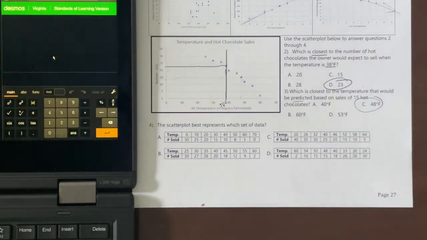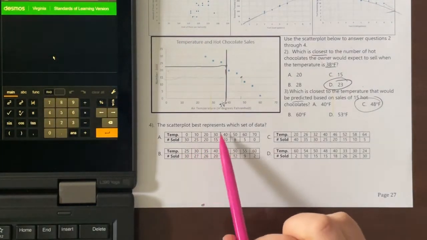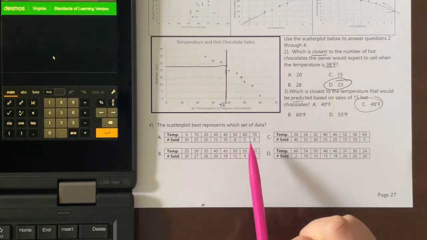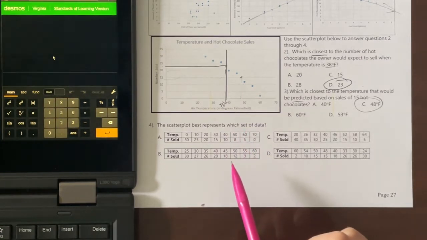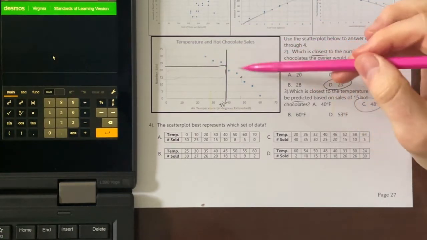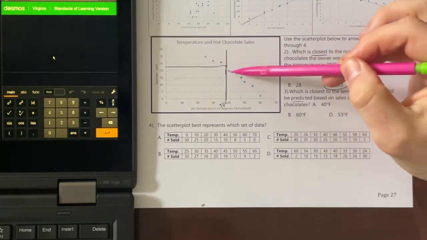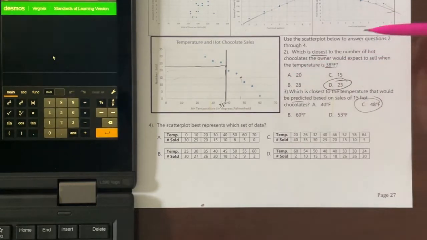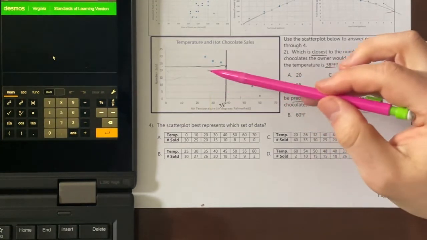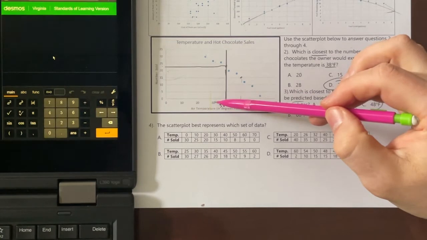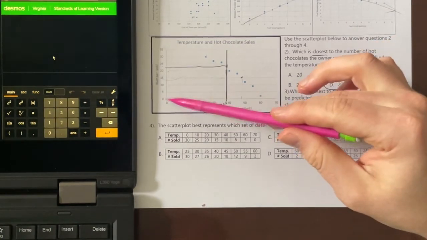For number 4, it says the scatter plot represents which set of data? All right. So what you can do is use those values that they have in here. So I have 1, 2, 3, 4, 5, 6, 7, 8 points, and it has those ordered pairs that go along with it. So for that first one, A, it says when the temperature is 0 degrees, I have 30 sold.